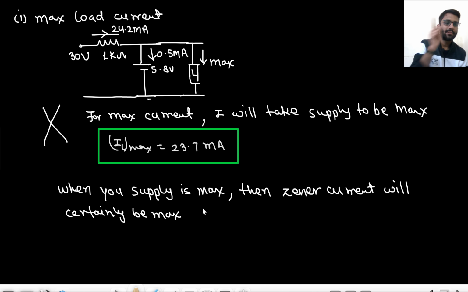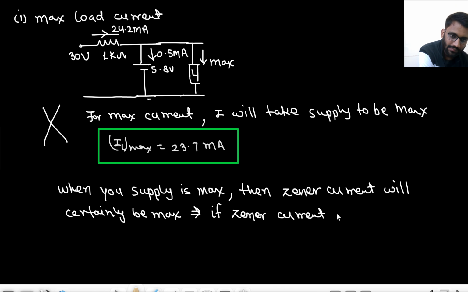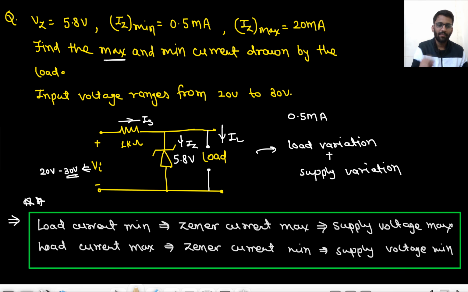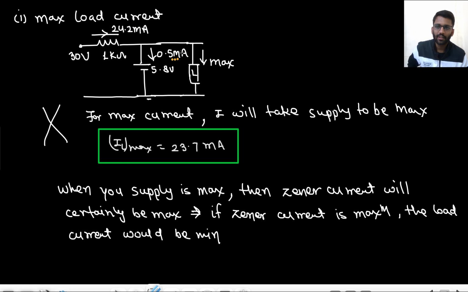And if Zener current is maximum, the load current has to be minimum. That means in this case at 30 volt you will not have 0.5 milliampere current, you will have 20 milliampere current. So in 30 volt you will have 20 milliampere current here.